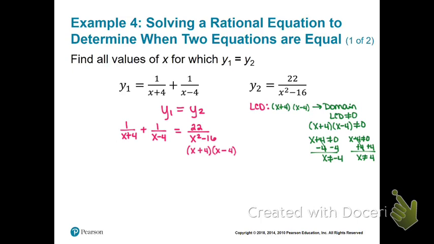All right, so now we're going to multiply every term here by that least common denominator. So we're going to multiply all of these by x plus 4, x minus 4.